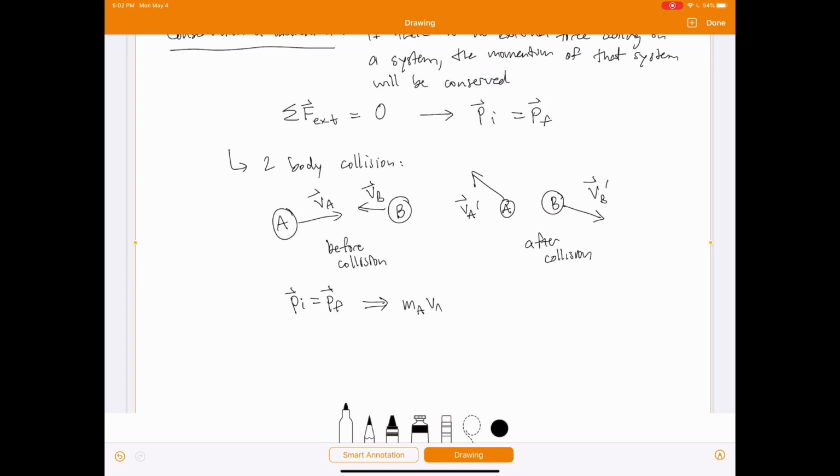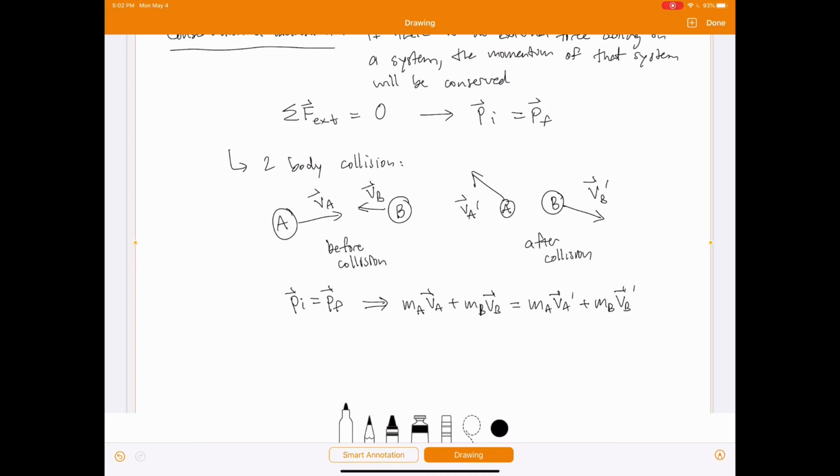MA times VA, that would be the initial momentum of object A, plus MB times VB, that would be the initial momentum of object B, is going to equal MA VA prime, that's the final momentum for object A, plus MB VB prime. That's conservation of momentum in a two-body collision.